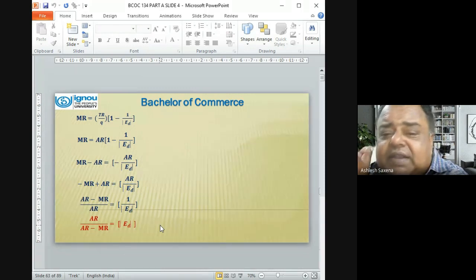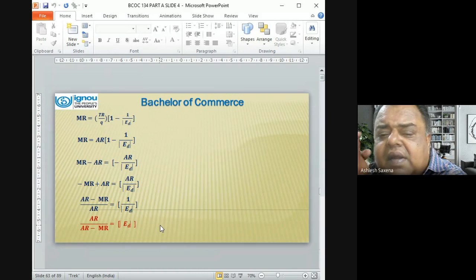On solving it, because we are trying to calculate the elasticity of demand in terms of average revenue and marginal revenue, on simplification we can get AR upon AR minus MR.